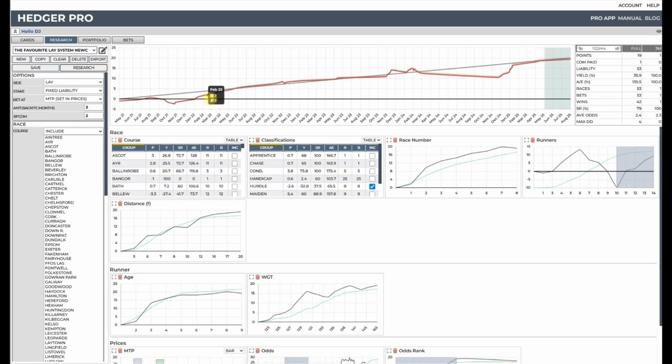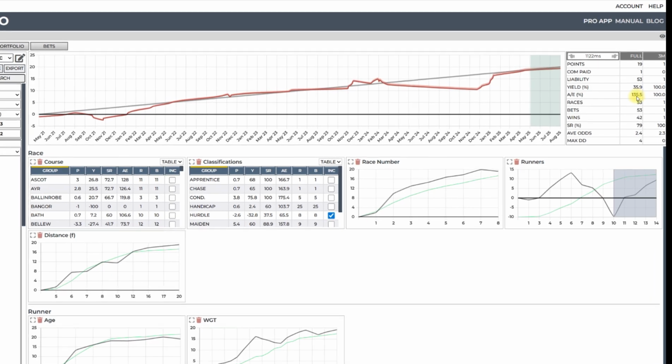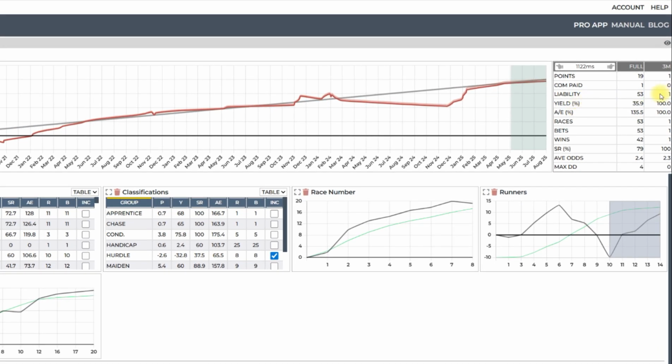Now, as you go through and create these for each course, it's going to build up a system that I would guess is going to return an average annual points profit of around about 200 points. The yield is going to be very high. The AE is going to be very high. The average and expected.